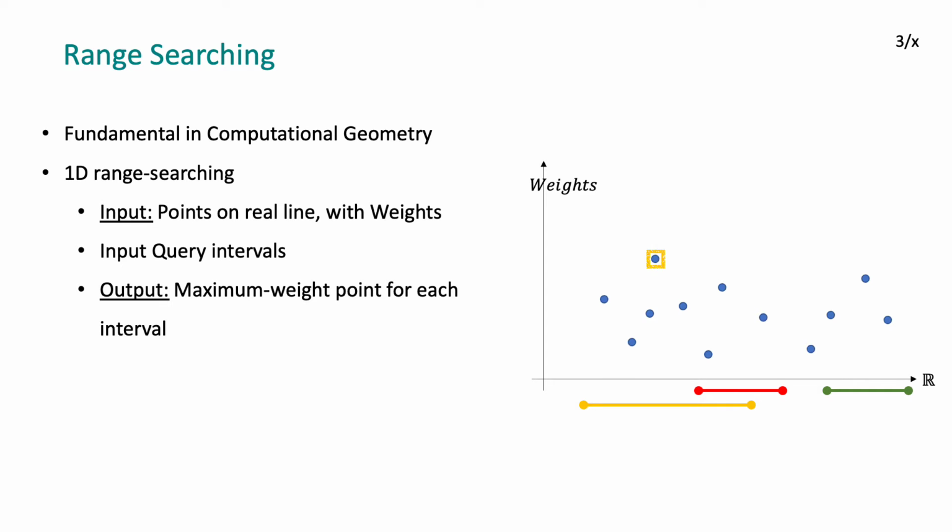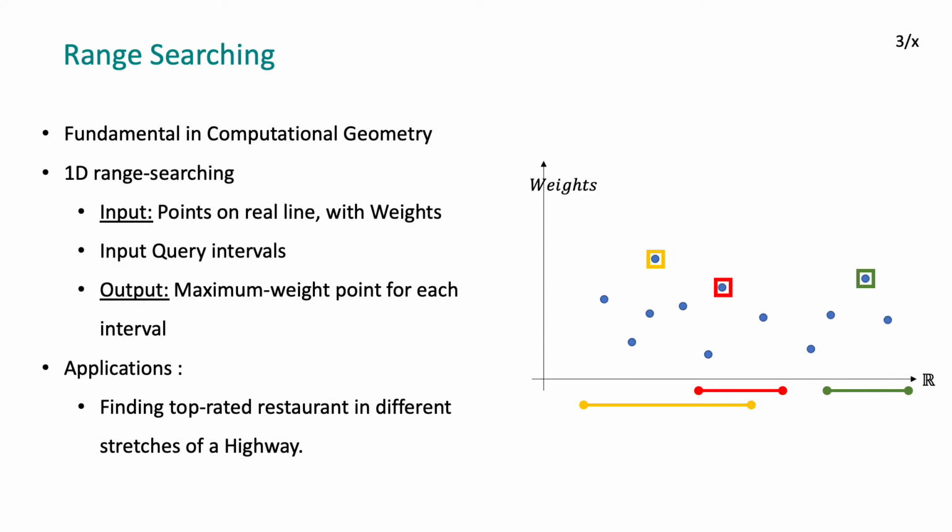For this example, these three points are the answers, that is, the maximum weight point in their respective query intervals. This problem is very fundamental in designing database query algorithms. Another stylized example would be to find the restaurant with the highest rating in different stretches of a highway. Here, highway is comparable to the real line, and the rating of a restaurant is its weight.